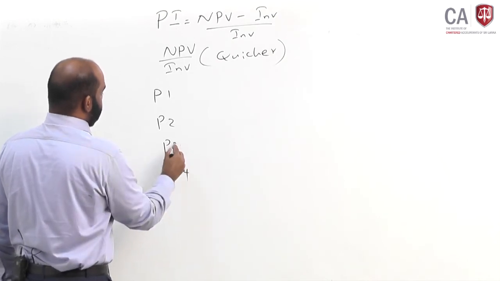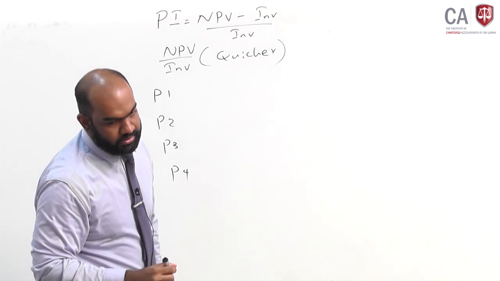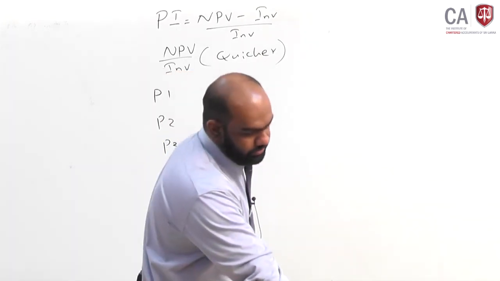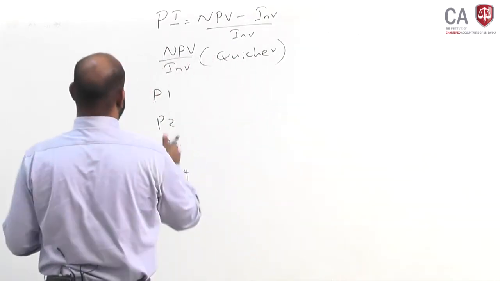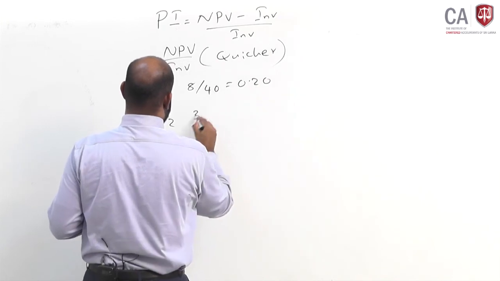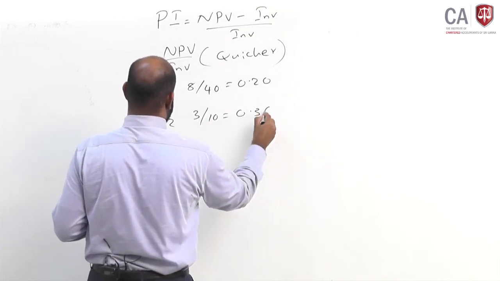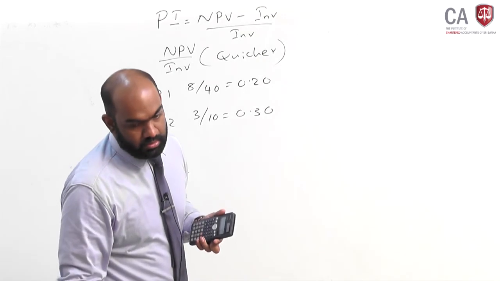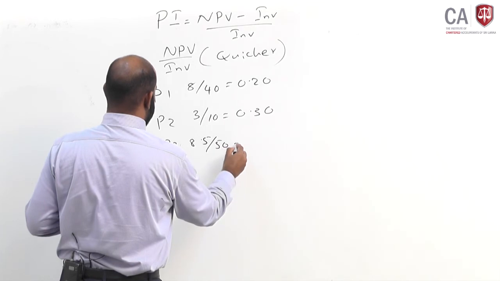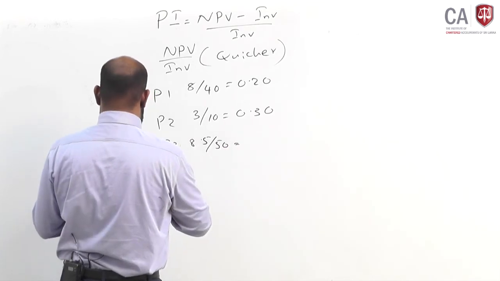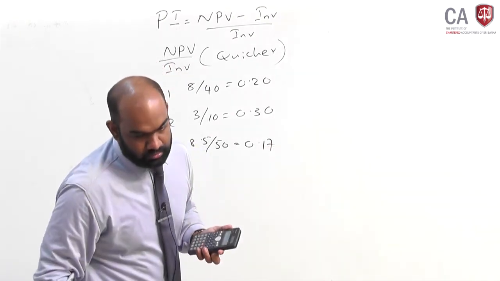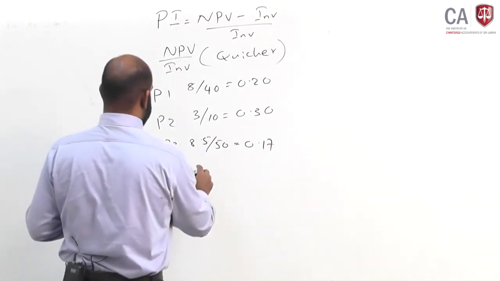Let's calculate: 8 over 40, 3 over 10, 3 over 10, 8.5 over 50, 6.6 over 30.